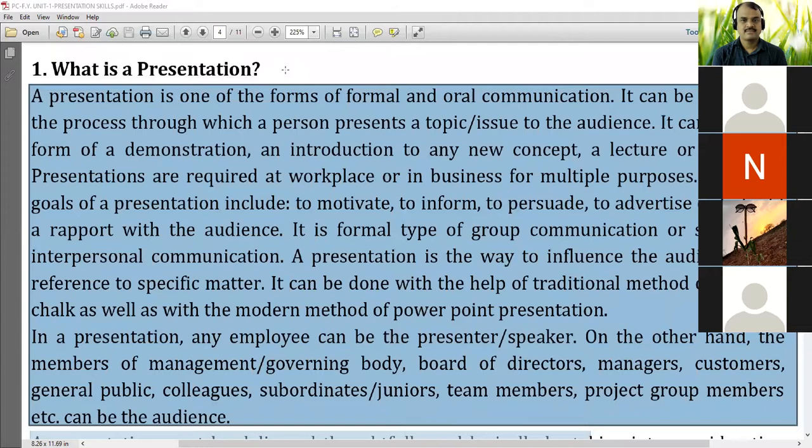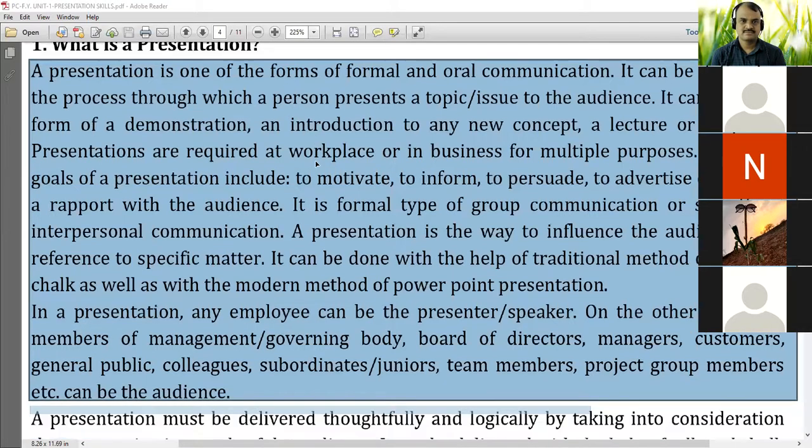It is the formal type of group communication or sometimes interpersonal communication. A presentation is the way to infuse the attendees with the modern method of PowerPoint presentation. In a presentation, any employee can be the presenter or speaker.